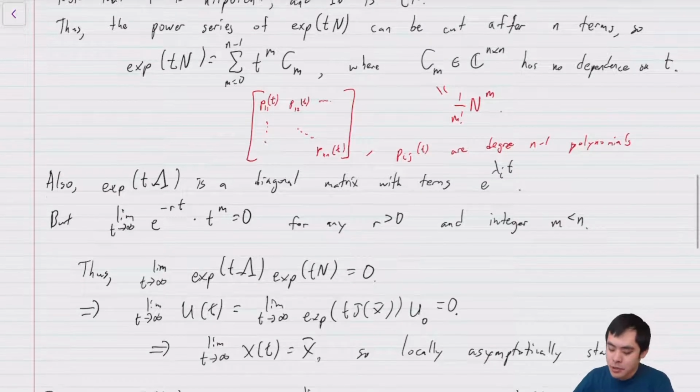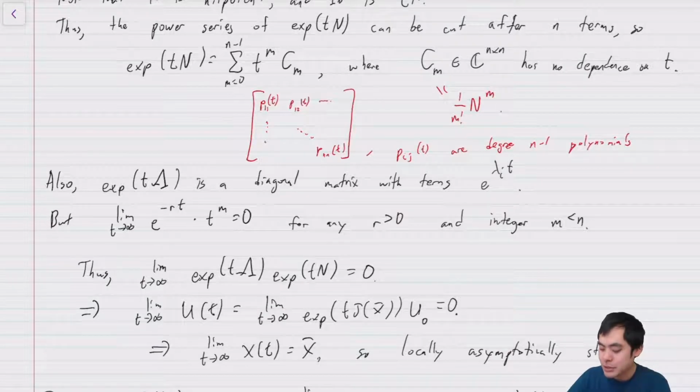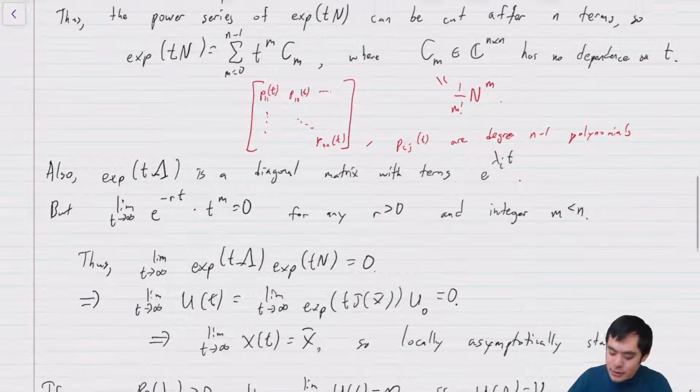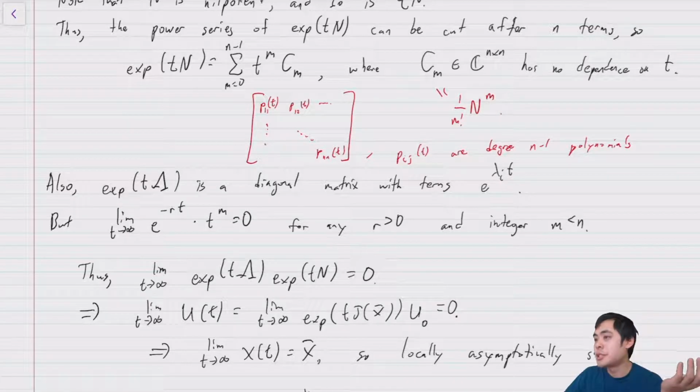And the reason this is important is because the exponential of t lambda is a diagonal matrix with terms e to the lambda i t. But then, when you multiply a diagonal matrix by a non-diagonal matrix, all you're doing is multiplying all of the entries of your non-diagonal matrix by the diagonal terms of your diagonal matrix.